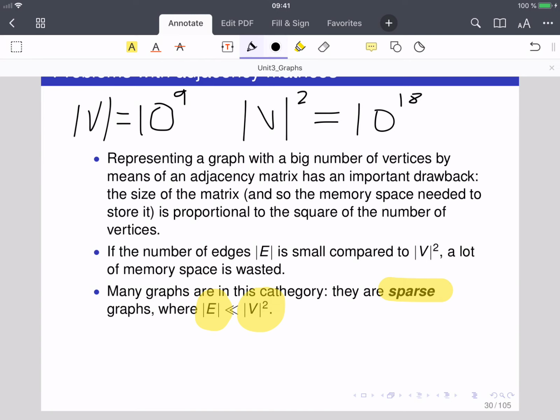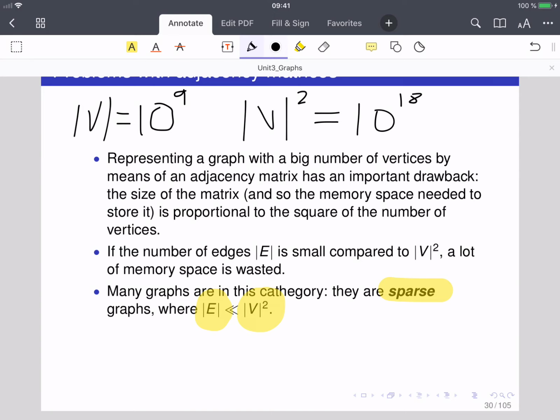That is a very big number. If we need to represent that number of possible connections as a matrix in the computer, that is going to use a lot of memory. And we are going to be wasting a lot of this memory, because most of those positions are going to be 0.